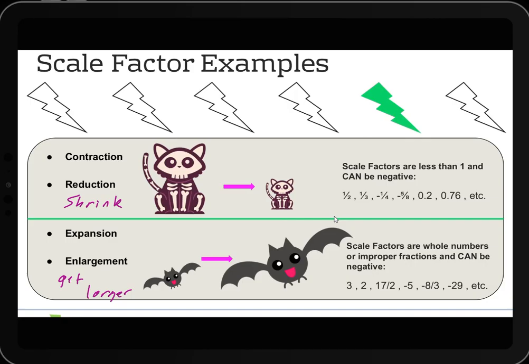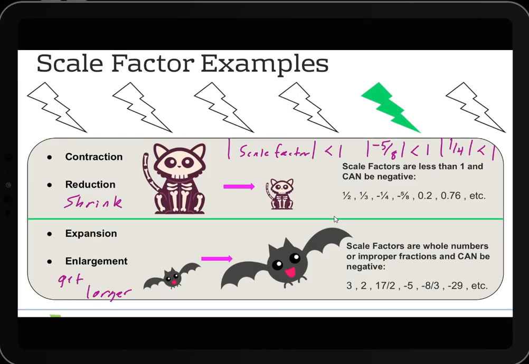Another way that you can phrase this is if the absolute value of the scale factor is less than 1, you have a reduction or contraction. So the absolute value of negative 5/8 is less than 1, just as the absolute value of 1/4 is less than 1. Those are examples of where it's less than 1.